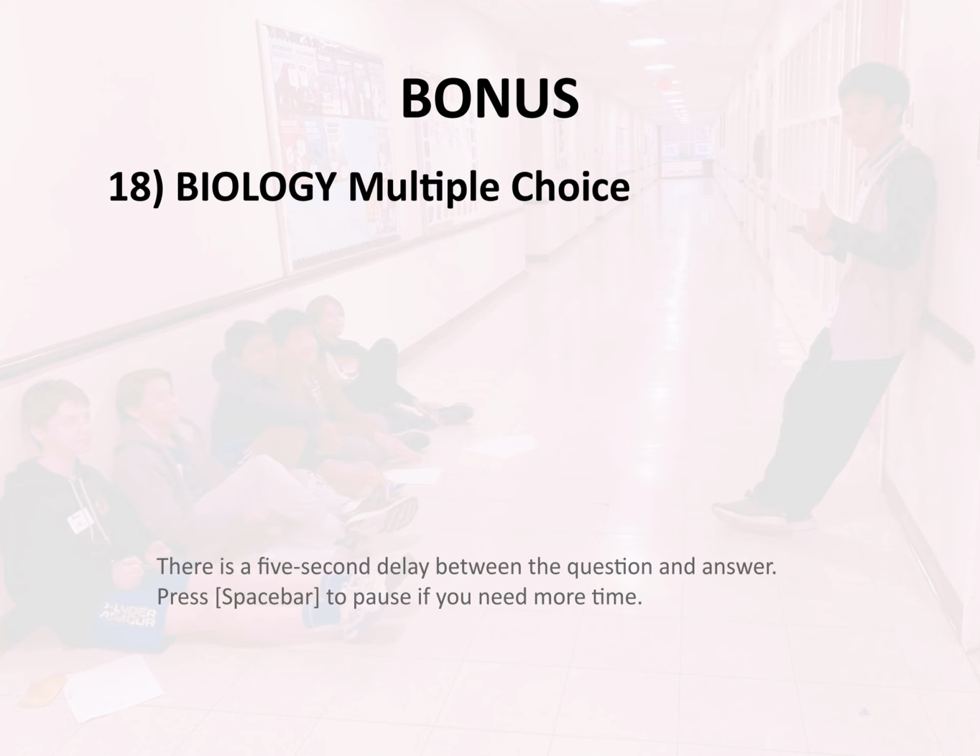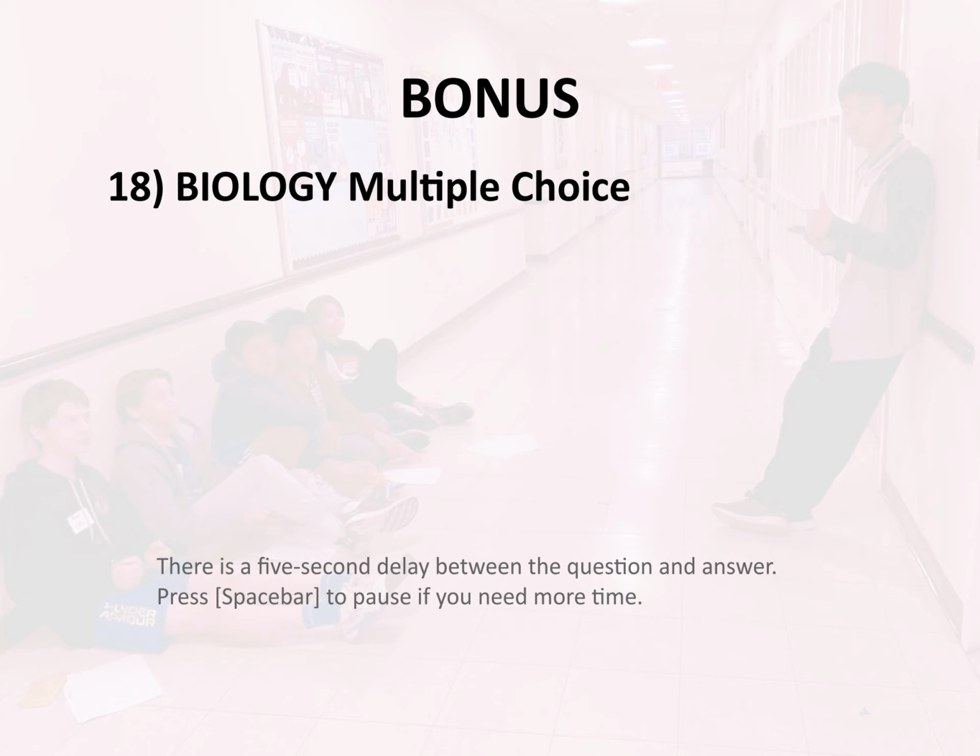Bonus, 18. Biology. Multiple choice. When actin reaches its steady state in a cell, which of the following is occurring? W. The actin filament is no longer adding new subunits or losing existing subunits. X. The actin filament is constantly adding new and losing existing subunits.